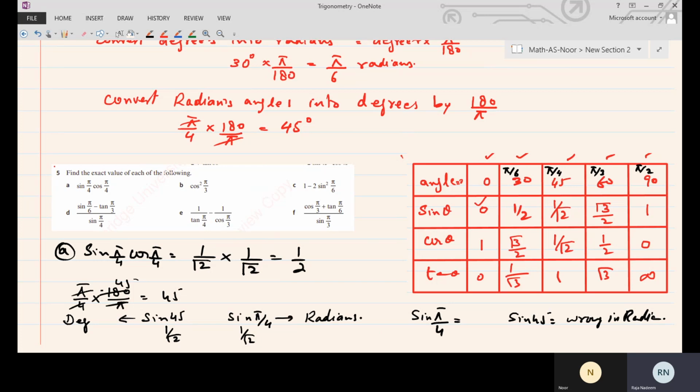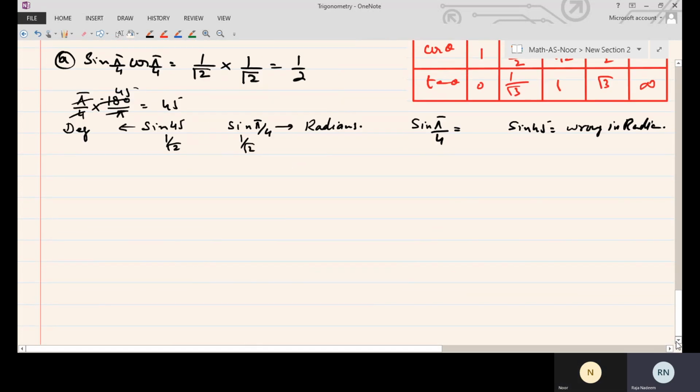If your calculator is in radian, then you have to convert the angle from degree into radian, then apply it with sine, cos or tan. Is it clear now? All right. Now attempt the other questions and parts from the exercise.